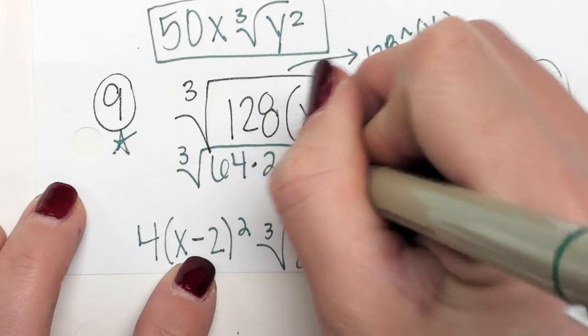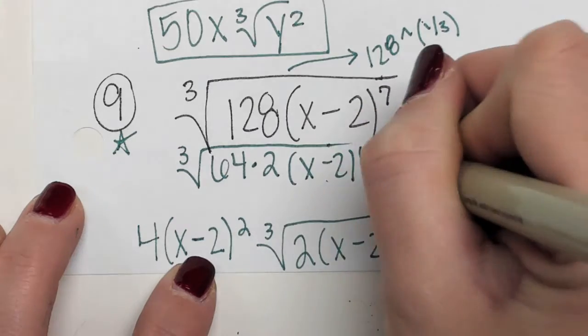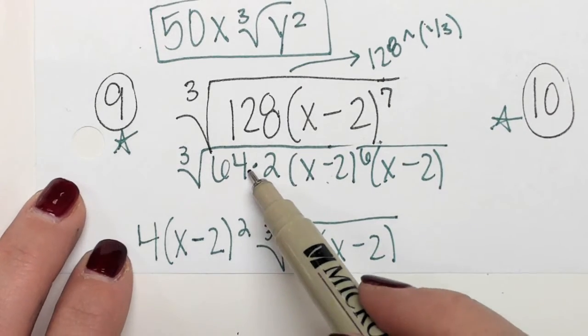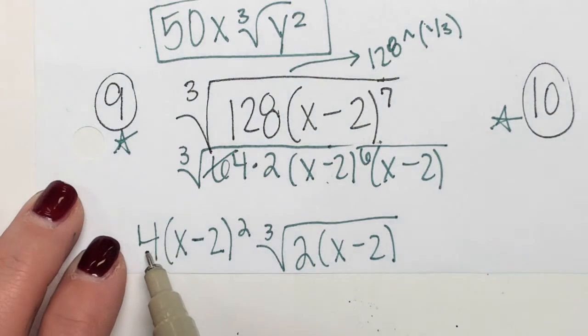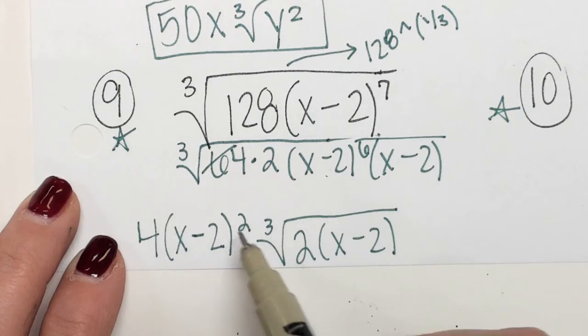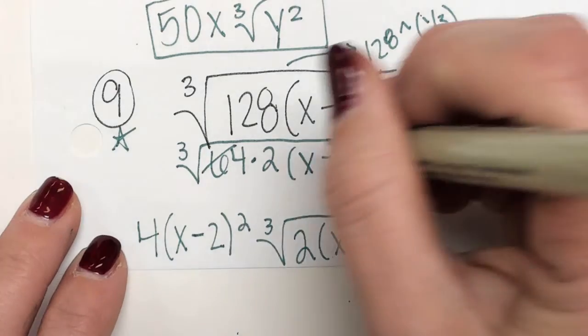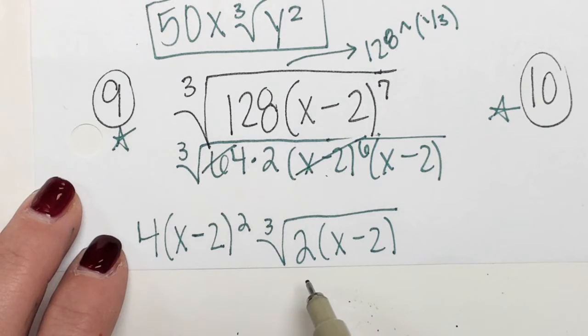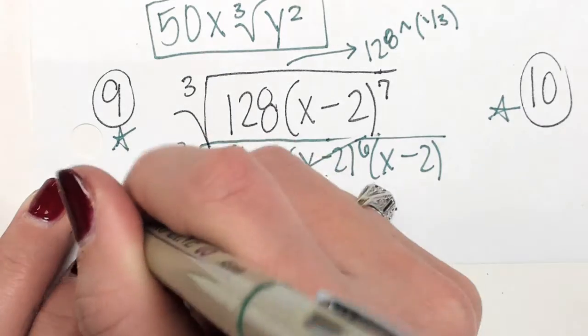But it can go into what? 6. So, cube root of 64? 4. That's how we have that. 6 divided by 3? 2. That's why we have x minus 2 to the second. And then everything else stays underneath the cube root. Is everybody okay with that one? Questions?